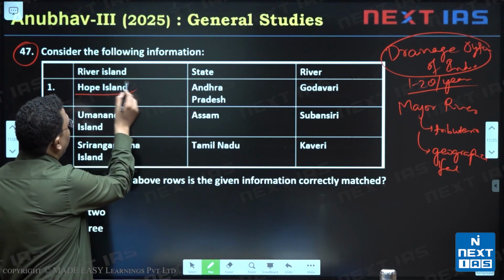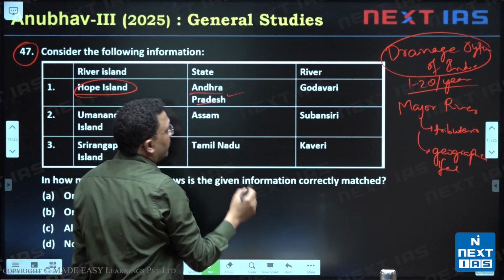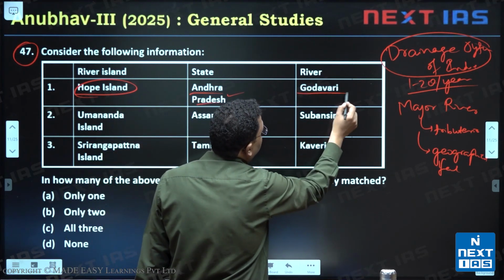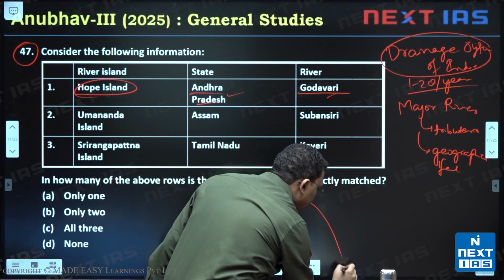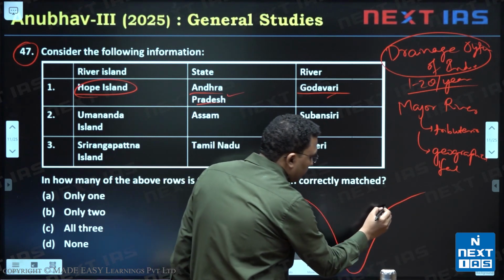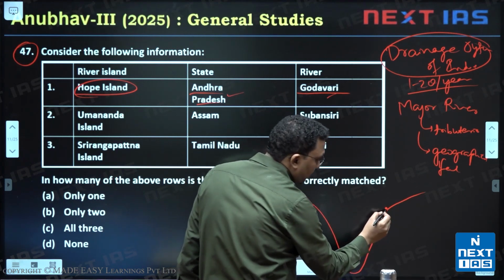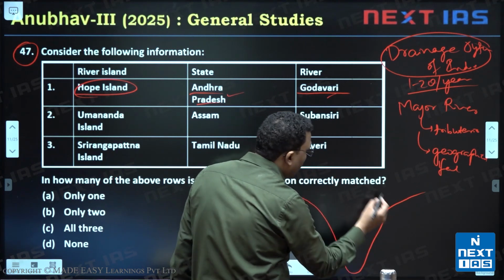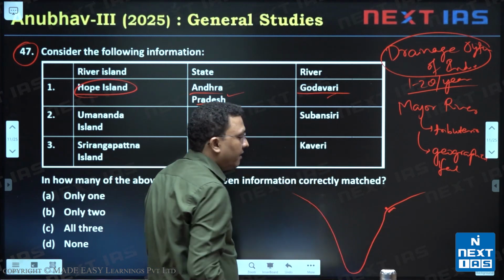First is Hope Island, right? It is located in Andhra Pradesh. This is correct, and it has been created by river Godavari, right? So if you see it on map, let's say this is the map of peninsular India. So Kakinada coast, that is located in Andhra Pradesh, is located somewhere here, and this Hope Island is located slightly off the coast of Kakinada, right?